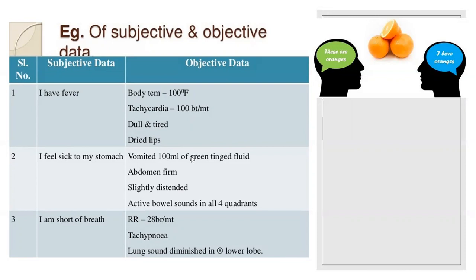So objective data are observable and measurable, obtained through observation, physical examination, or laboratory or diagnostic testing. But subjective data is information from the client's point of view, including feelings, perceptions, and concerns, obtained through your client interview.